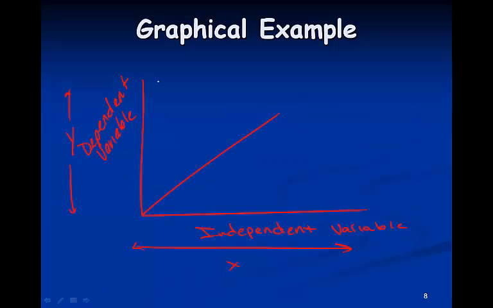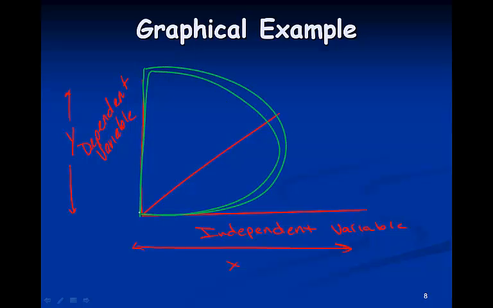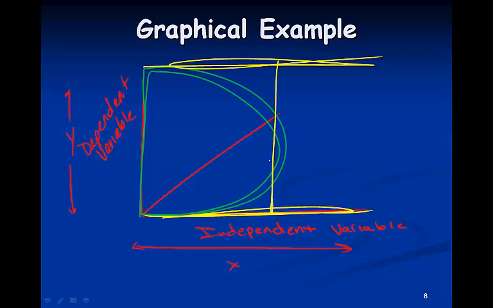The way that I like to remember it is the dependent variable goes on this axis because we use it to write a d, and our independent variable goes on the horizontal axis because that's the one we would use to draw an i.